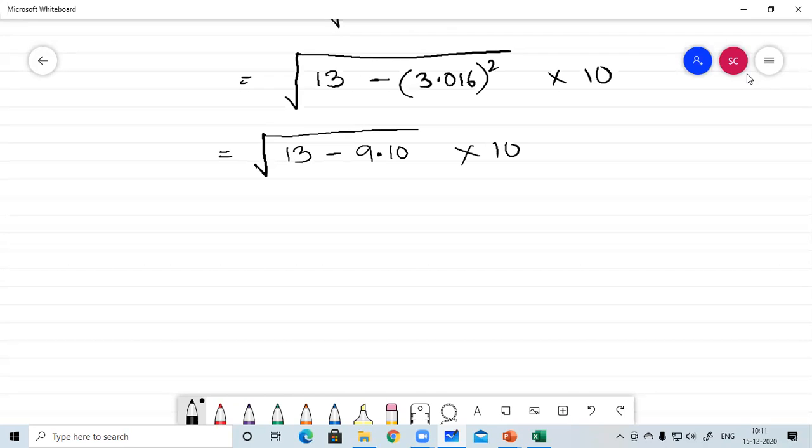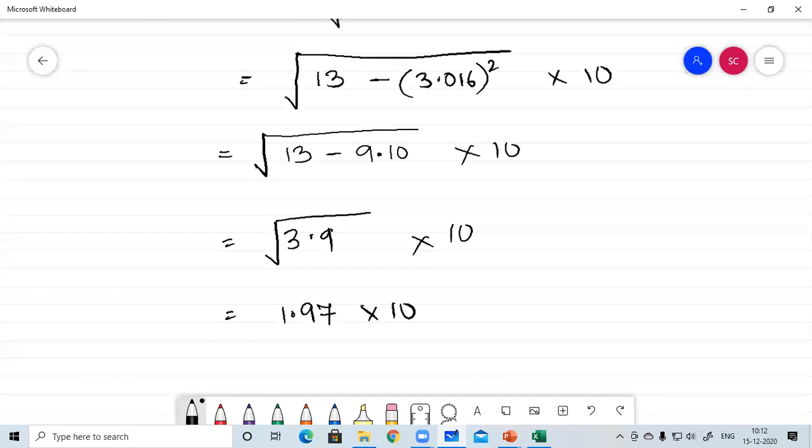So 13 minus 9.1, your answer comes to 3.9 under root into 10. Further we get 1.97 into 10. Yes, sir.